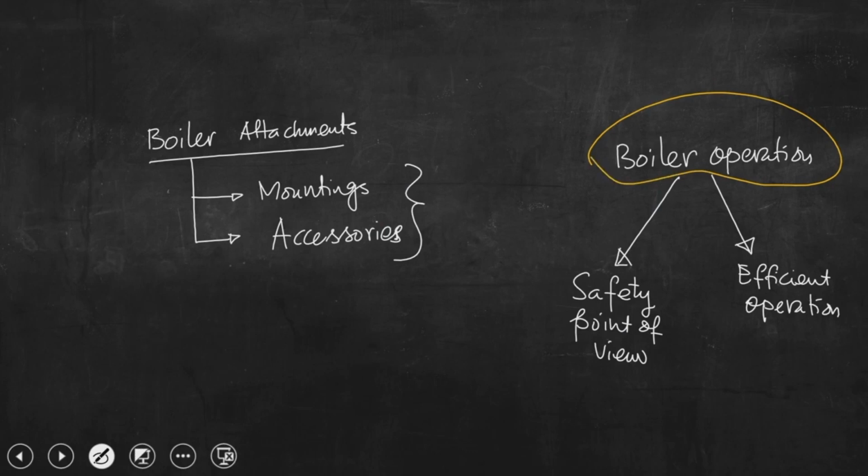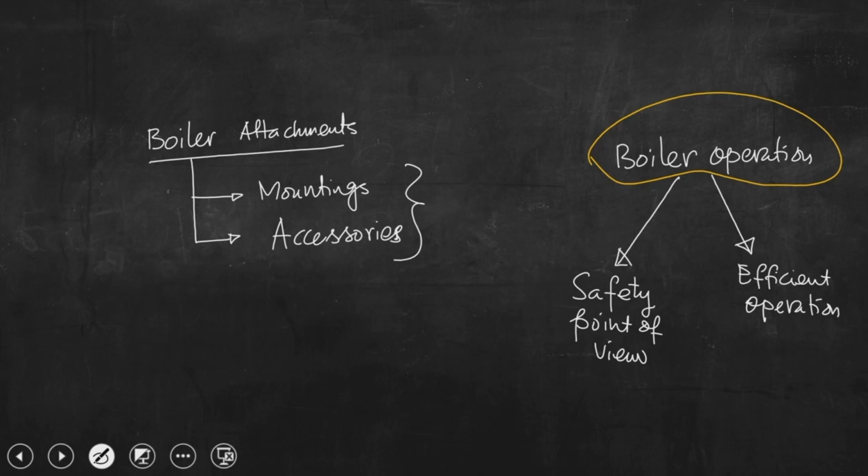So, this classification of boiler attachments, let me tell you once again. These are the components which are attached to the boiler, and that we have seen when we discussed the fire tube and water tube boilers. But out of these components, a few components can be grouped together and those are known as mountings, while another set of components can be grouped together, and this particular group is known as accessories.